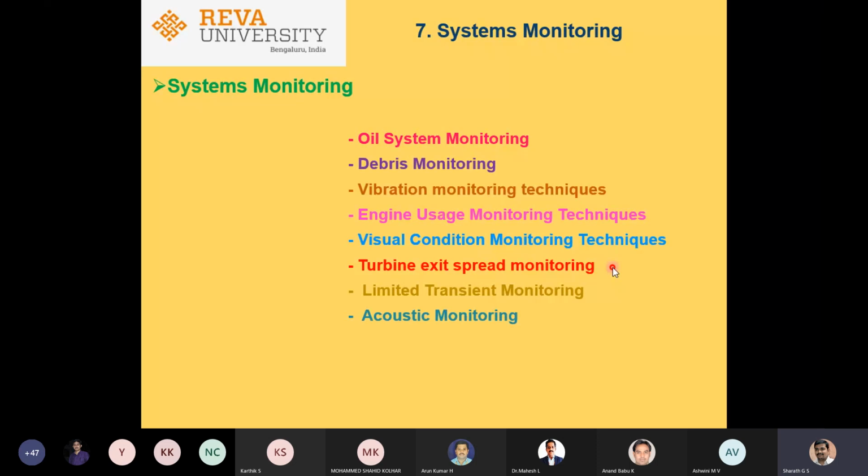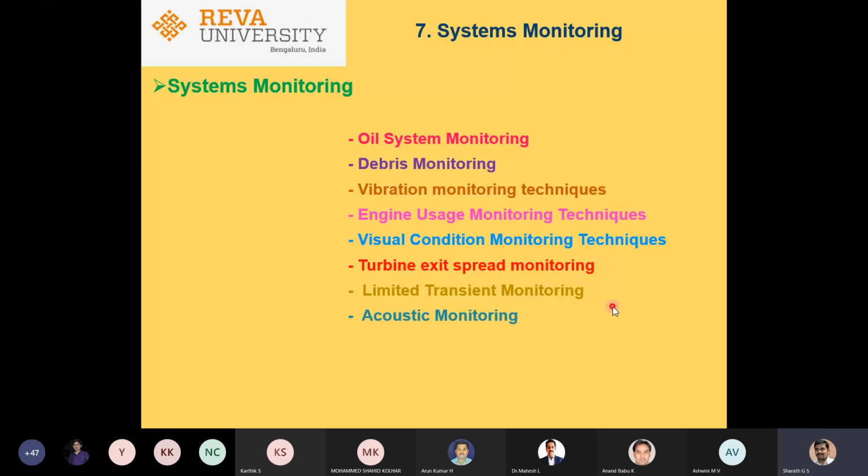And then the limited transient monitoring. We do a lot of monitoring, like we see the rundown times of the LPC and the rundown times of the HPC. So it comes under limited transient monitoring. Rundown time means the stoppage of the compressor, like the LPC. The LPC may take more time because it is fitted to a free turbine.